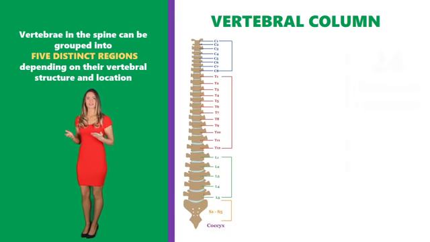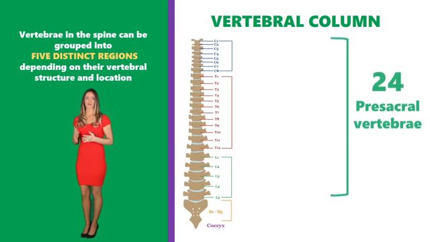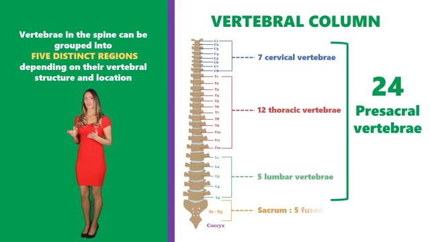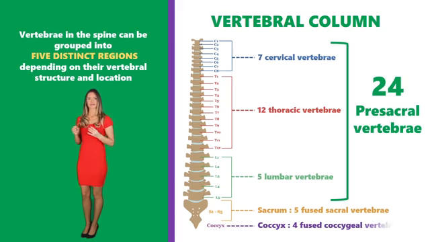The spine is composed of the following: 24 presacral vertebrae, which is 7 cervical vertebrae, 12 thoracic vertebrae, and 5 lumbar vertebrae. The sacrum is composed of 5 fused sacral vertebrae. The coccyx is made up of 4 fused coccygeal vertebrae.